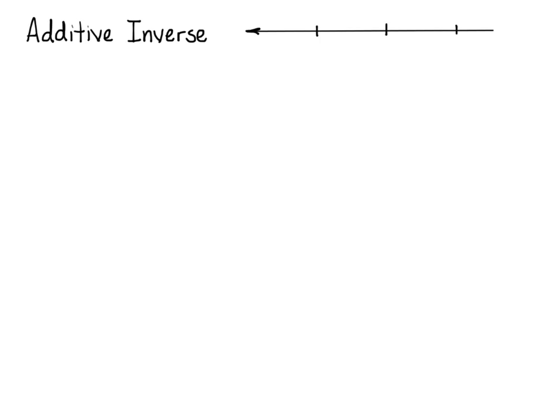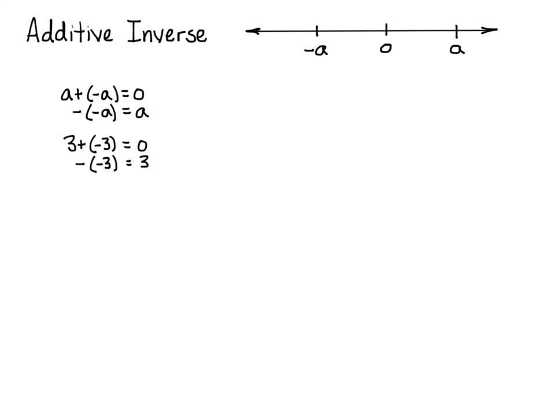Now, the thing about additive inverse is you would think of this as just the negative of a number. So the additive inverse of 3 is -3. The additive inverse of -3 is 3. When you add a number plus its additive inverse, you get 0. A lot of people, and in fact your textbook, will call it the opposite, that the opposite of 3 is -3.